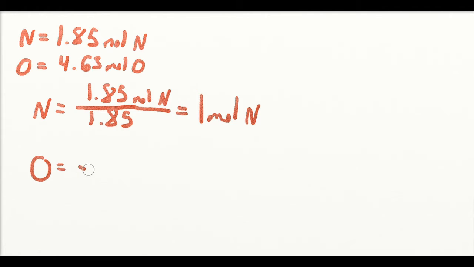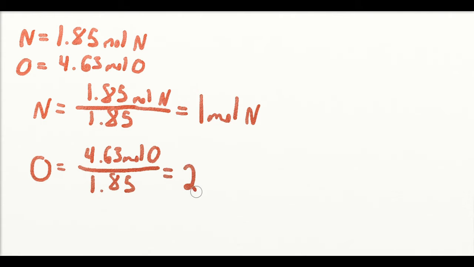Now for oxygen, instead of putting 1.85 on top, we're going to put 4.63 moles of oxygen, and in the bottom you again put the smallest number, 1.85. When you do the math, 4.63 divided by 1.85 gives relatively about 2.5 moles of oxygen.